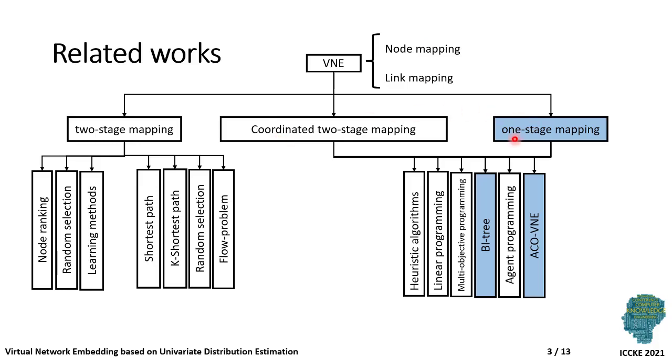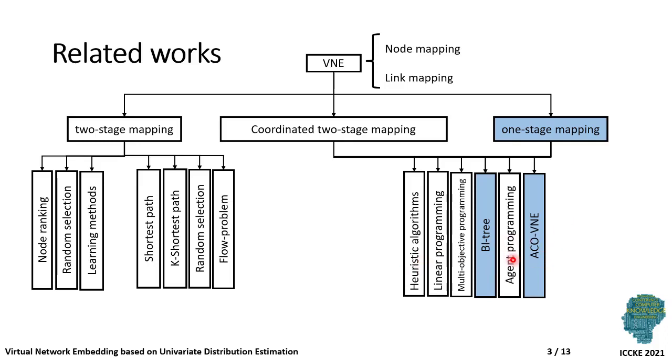And the last category is one-stage mapping, where the related works try to complete the two different phases in only one step, completely in parallel. The last two categories can be completed by using heuristic algorithms, linear programming, multi-objective programming, agent programming, and also the blocking island and the ACO. The ACO is one of the heuristic algorithms.